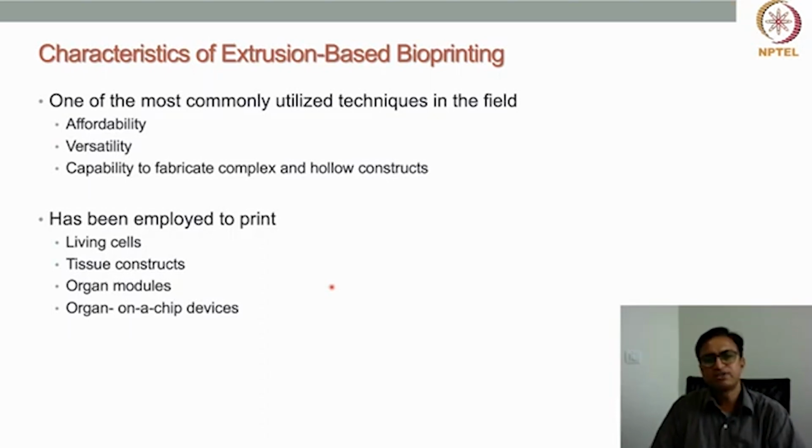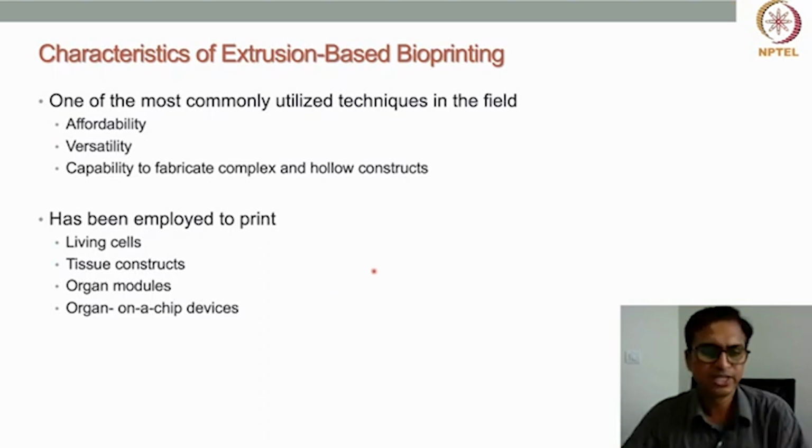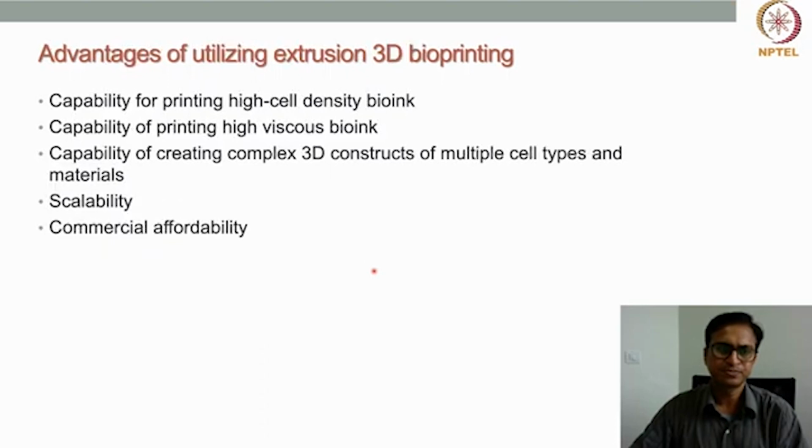Now organ on a chip devices, that is another area where extrusion based bioprinting is coming in a big way, because nowadays the trend is to use in vitro tissue or organ models for drug screening, toxicity screening, and also for different other applications. So extrusion based bioprinting has been used widely for developing this kind of devices. So these are the things that have already been done with extrusion based bioprinting.